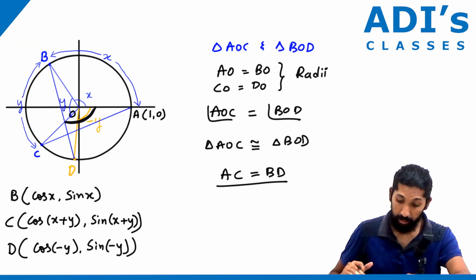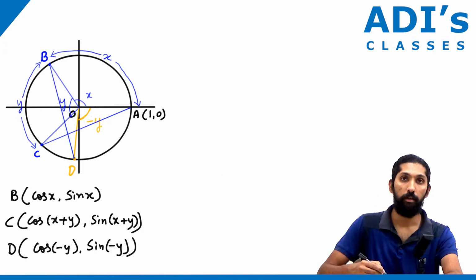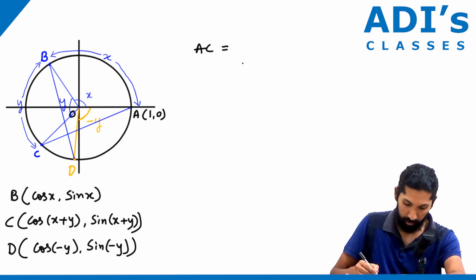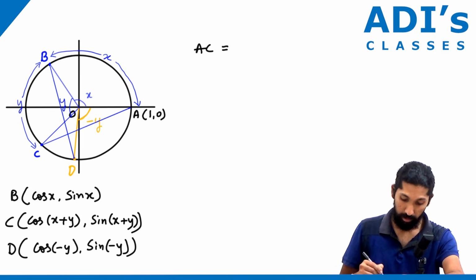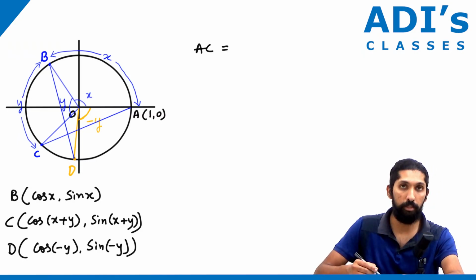Fine. Now let's calculate what is AC and BD distance by using distance formula. For AC, this distance is equal to what is C? C is cos of x plus y, comma sine of x plus y. And point A is 1, comma 0.